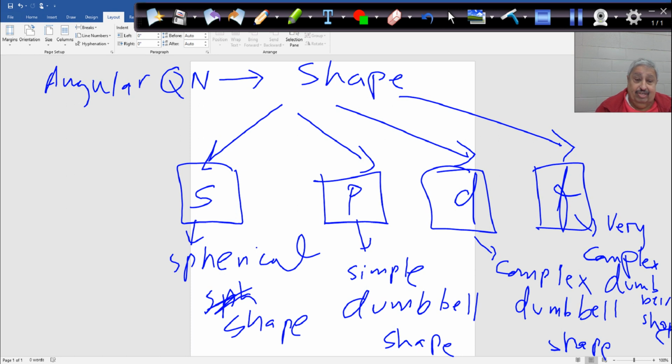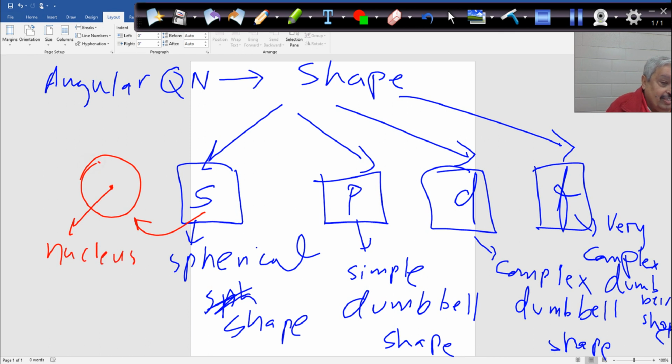So let's look at this. This one here, the electron density is spherical. So that's a sphere, and this is the nucleus here, guys. And the electron density here is moving in a spherical way.